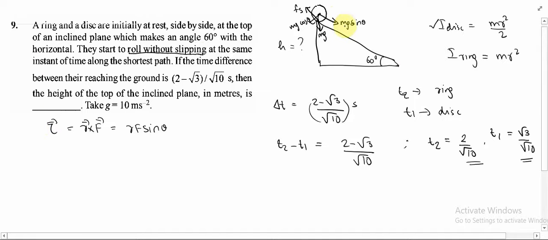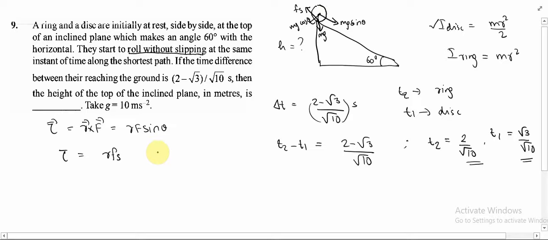This mg sin theta force doesn't give a torque since the radius vector and the force are in the same direction, so theta is 0 and the torque is 0. The torque is actually provided by the frictional force Fs, because the angle between the radius vector r and the frictional force Fs is 90 degrees, so the torque is r into Fs sin 90. Sin 90 is 1, so torque is given by r into Fs.